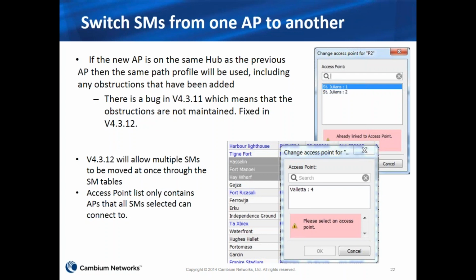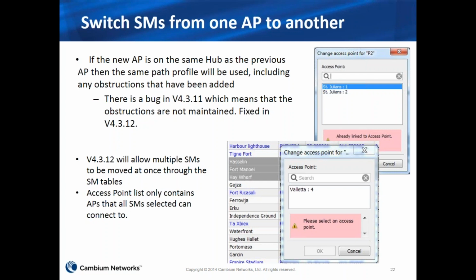But you need to be aware that the list of access points shown will only contain access points which can serve all the SMs that you've selected. So if you pick an SM from a different part of the network, there won't be any common access points, and this list will be empty.